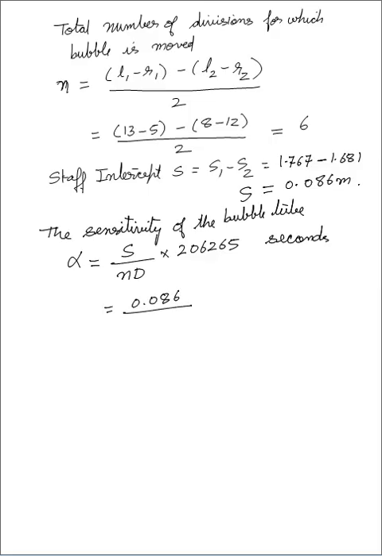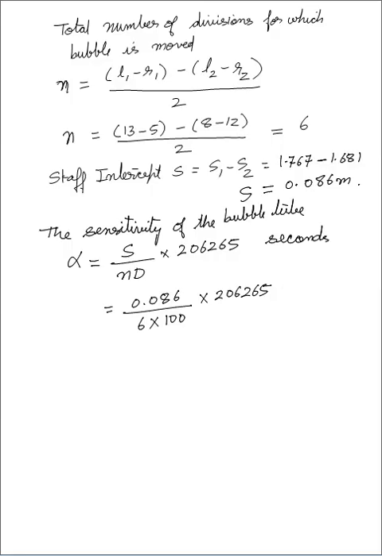The value of N we have just found out, N is equal to 6, multiplied by D, 100 meter. The distance is given in the question, and this is 206265.